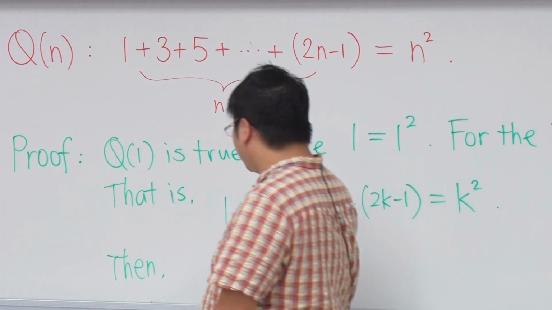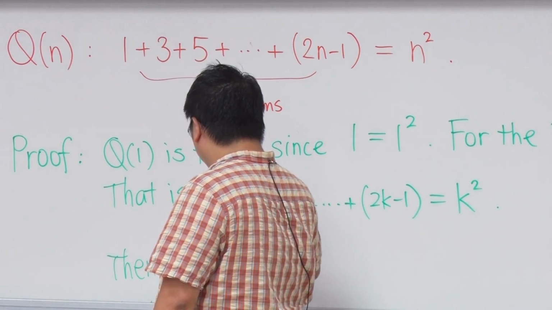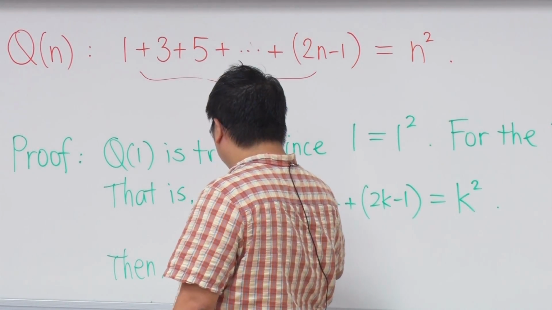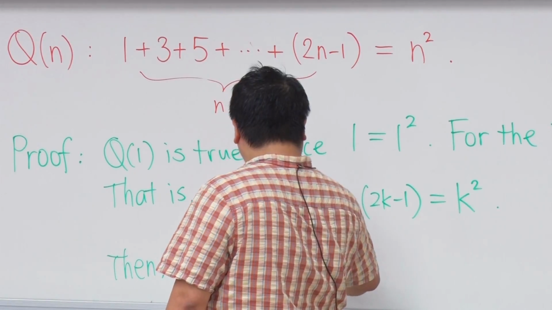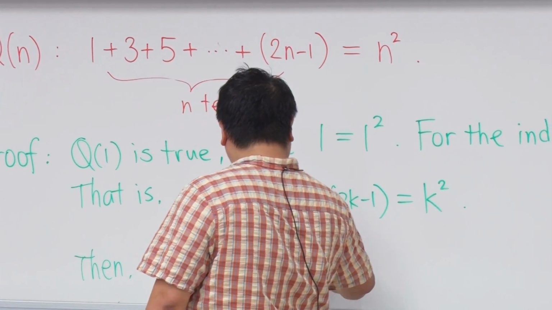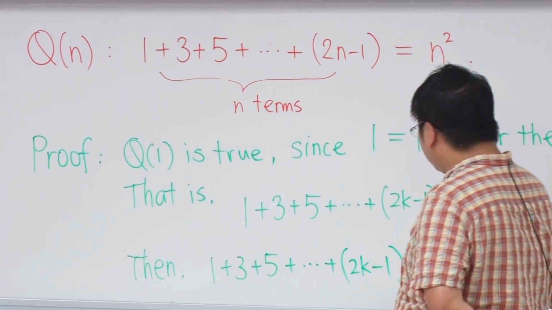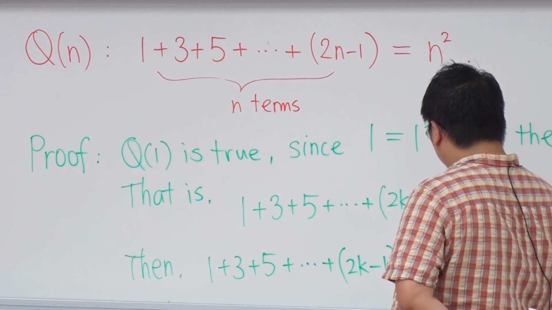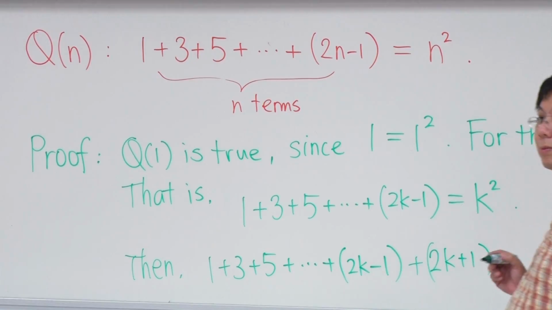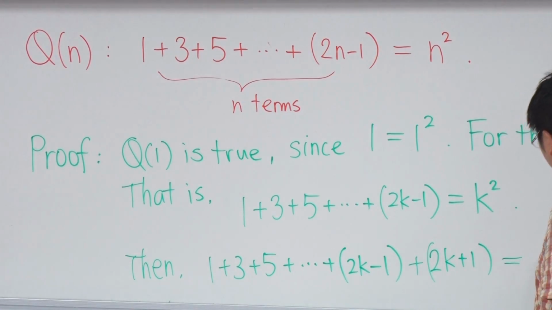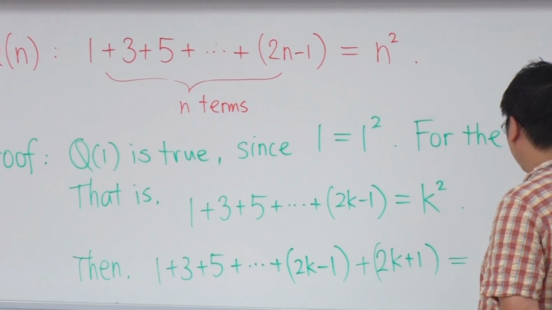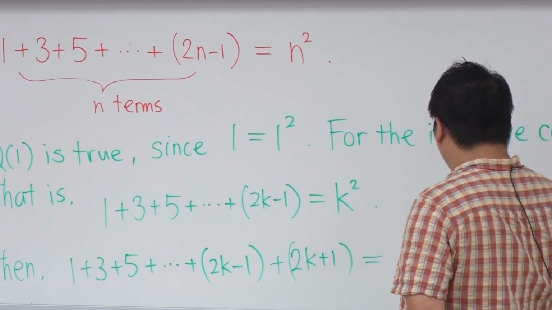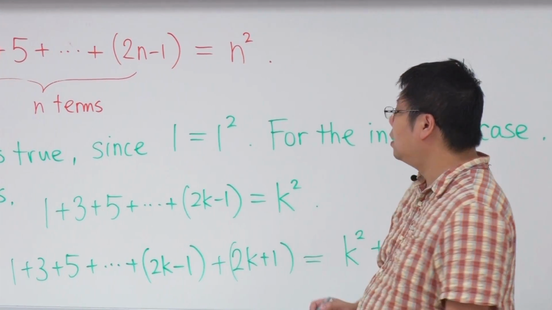Under this assumption, Qk plus 1 will be, we will look at what? 1 plus ..., and then we need to look at one more term. So this term will be 2k plus 1. And then this is equal to k squared plus 2k plus 1.